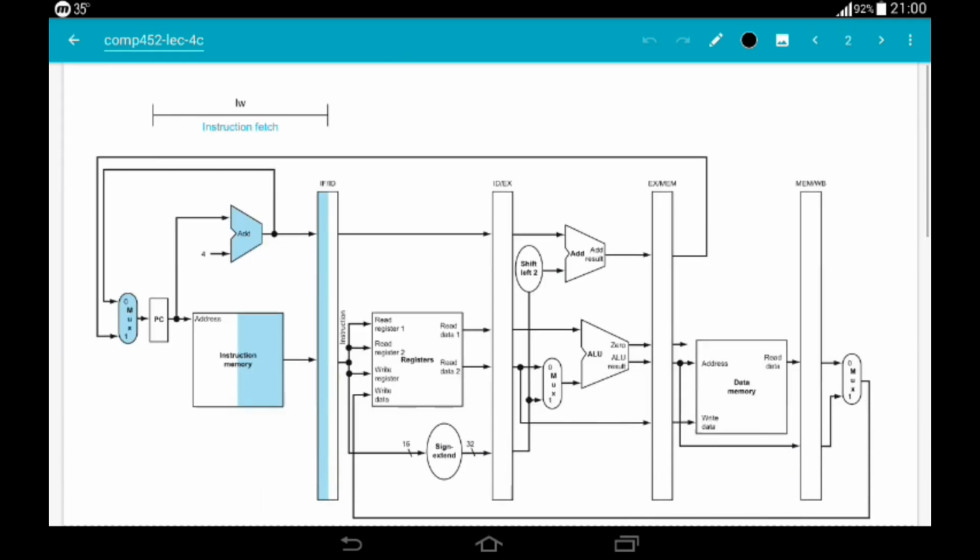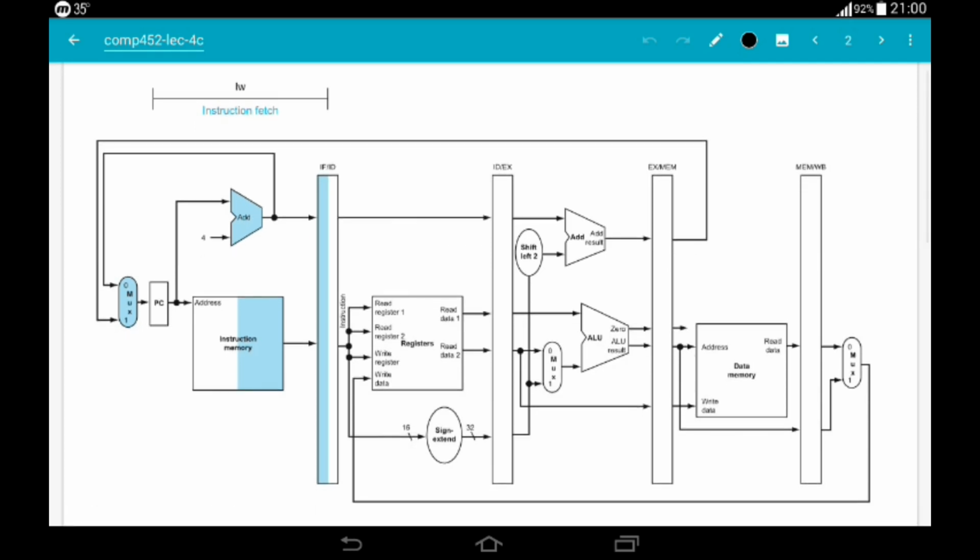Okay, so you can see here that we have our pipeline data path, and this is the instruction fetch stage, IF stage.